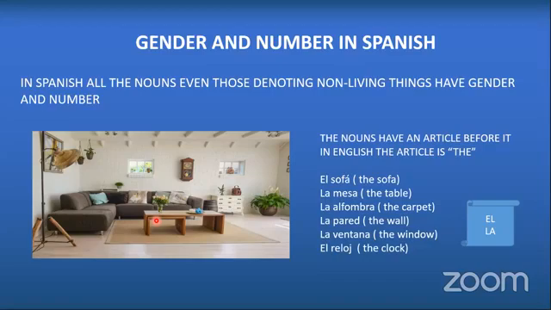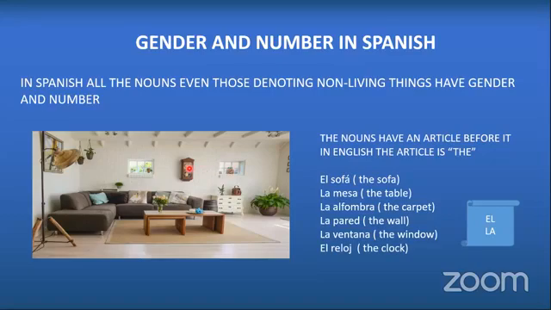For example, the sofa, in Spanish we say el sofá, and it's masculine. La mesa, the table, is feminine. La alfombra, the carpet, is feminine. La pared, the wall, is feminine. La ventana, a feminine one. El reloj is masculine.